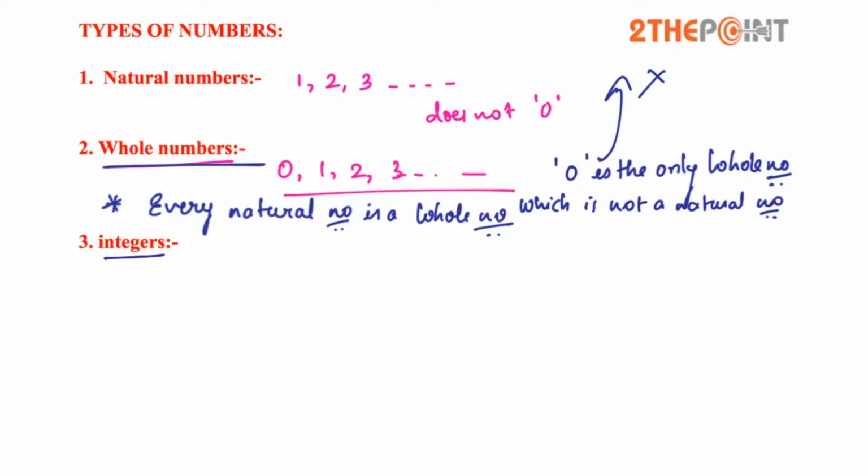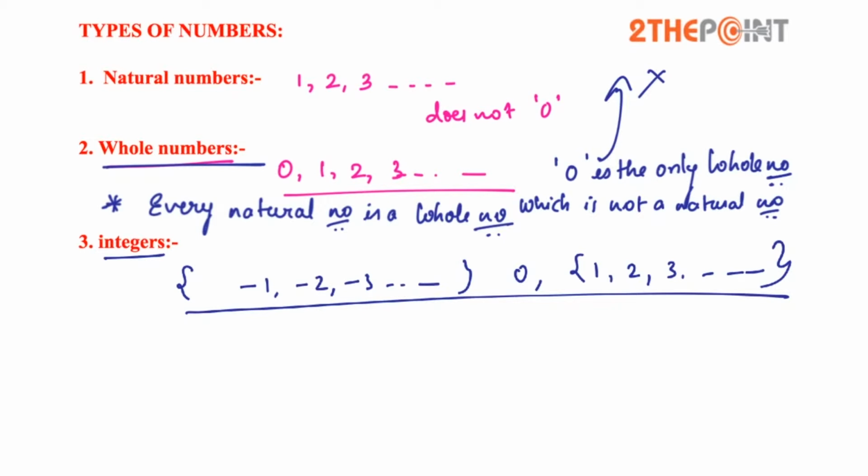Next comes integers. All natural numbers, negative numbers and 0 are called integers. For example, -1, -2, -3 and so on, 0, and 1, 2, 3 and so on. These are all integers.